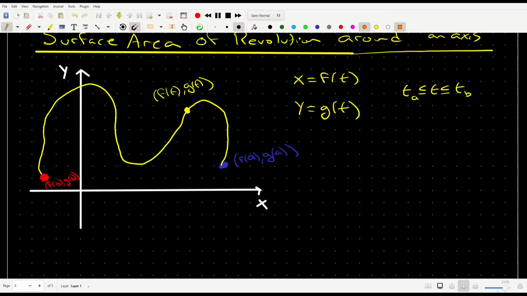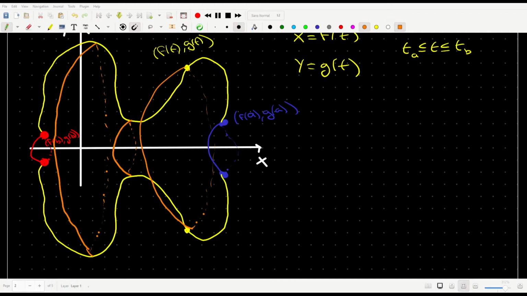But if you symmetrically rotate this curve around an axis like this, and if you think about it for a little bit, it makes sense that what you're going to get is a nice surface that has a boundary of this curve, or a shape like this curve.